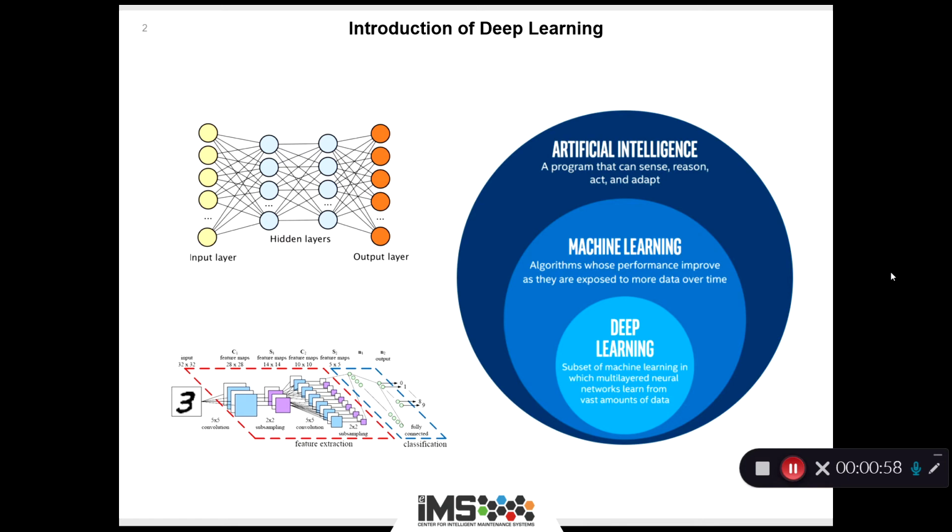Within artificial intelligence, we have many machine learning algorithms. Machine learning is basically a tool to realize artificial intelligence. And among many machine learning techniques, we have deep learning. It is just one tool in machine learning, and it is not very complicated.